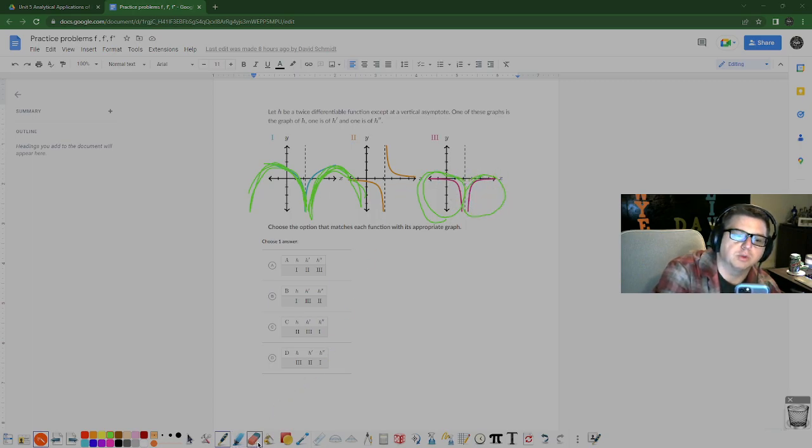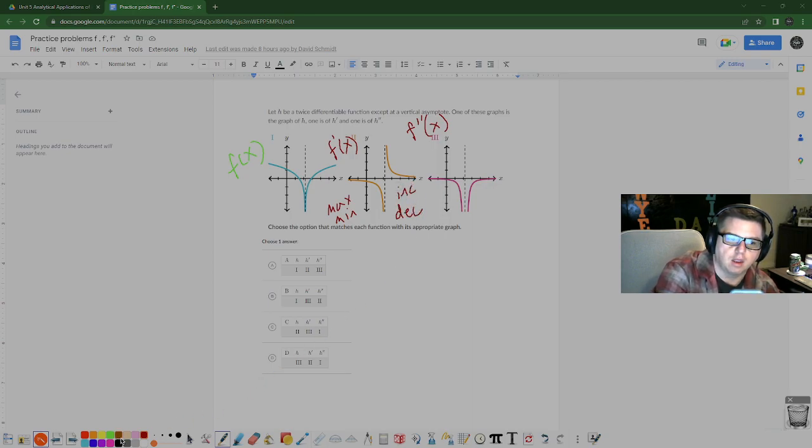So because we can look at this and claim that this is the first function, this is the first derivative, and this is the second derivative, where the first derivative tells you potential max and mins and increasing, decreasing, and the second derivative tells you concave up or down and points of inflection.